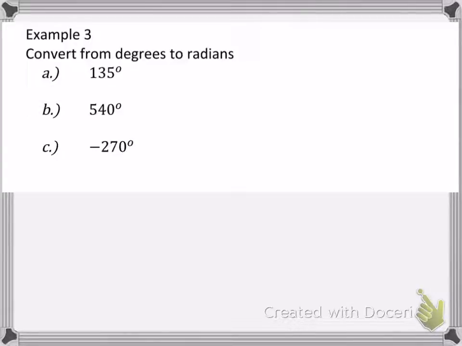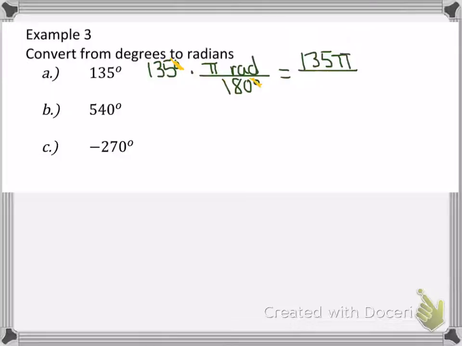If I want to convert 135 degrees to radians, I'm going to take the 135 degrees and multiply it by pi radians over 180 degrees. By doing that, my degrees end up canceling out. I have 135 pi over 180, and I want to reduce the 135 and the 180.